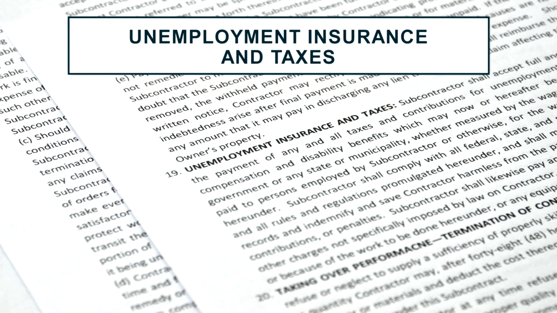Paragraph 19, unemployment insurance and taxes. As I said, this is a special type of insurance, but one of the reasons you have it is so that if you as a subcontractor have an employee that gets hurt, that employee isn't going to sue you. That employee is going to make a claim against the insurance. However, this paragraph is making sure that you, the subcontractor, cannot have your employee sue the contractor for damages.